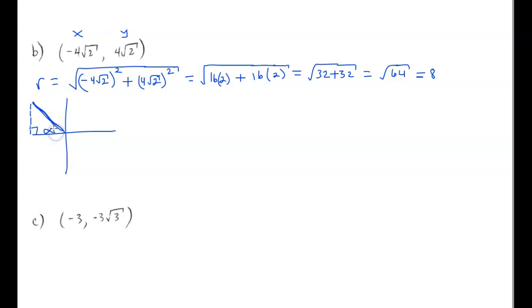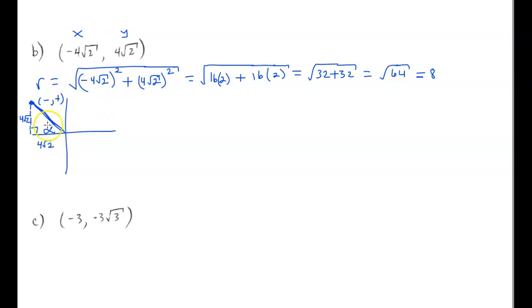We can use a reference angle that I'm going to call alpha. And this is going to be 4 times square root of 2, 4 times square root of 2 here. Of course, we know that this 4 times square root of 2 down here on the bottom is negative, but I'm not going to write it like that. I'm just going to note that we know that the x coordinate is negative, the y coordinate is positive.